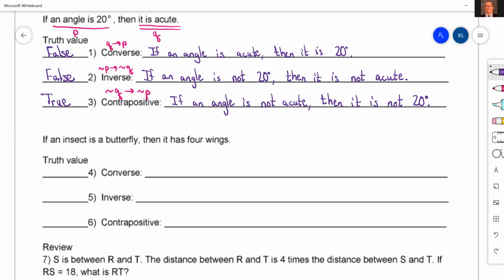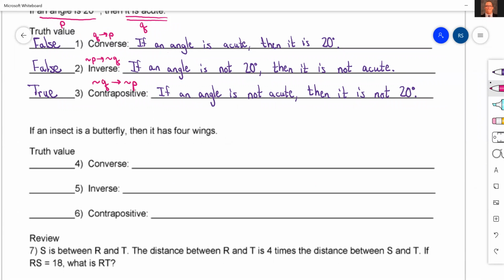Now for the next three, they give us a different sentence, but we do the same things. If an insect is a butterfly, then it has 4 wings. First, what is my hypothesis? An insect is a butterfly.